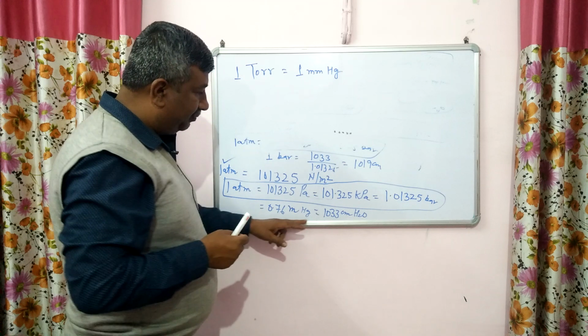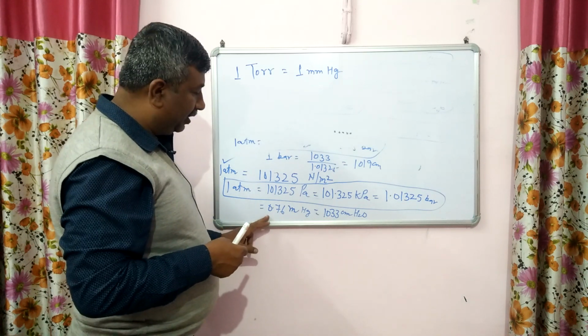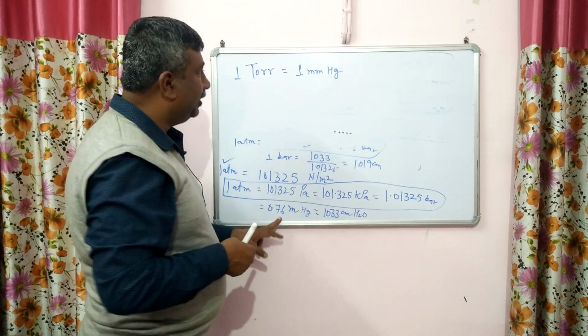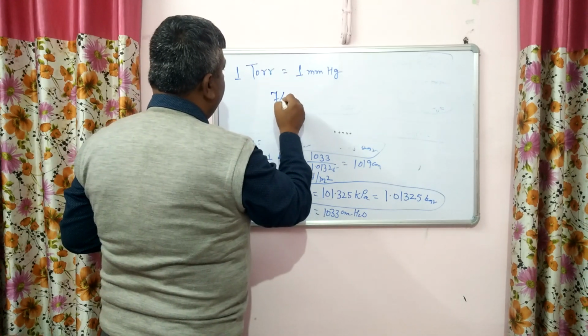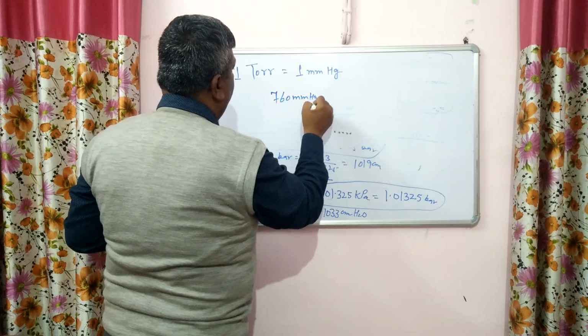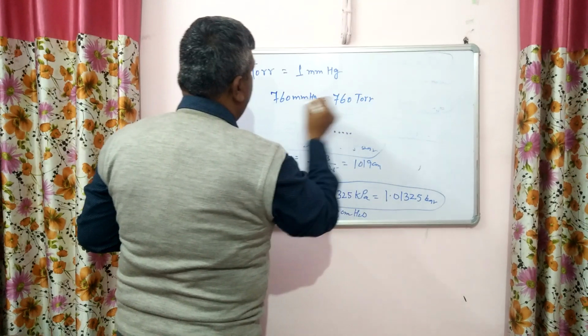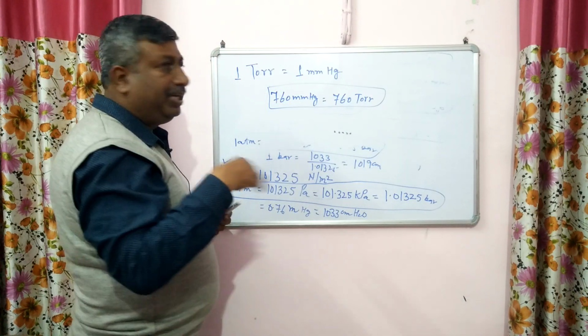In case of water column it is 1033 centimeter, and in case of mercury it is 0.76 meter or 760 millimeter. Since we use 760 millimeter mercury, we can write it as 760 torr.